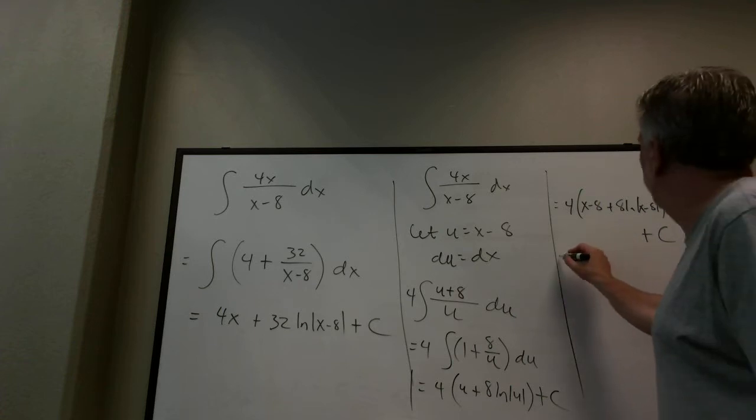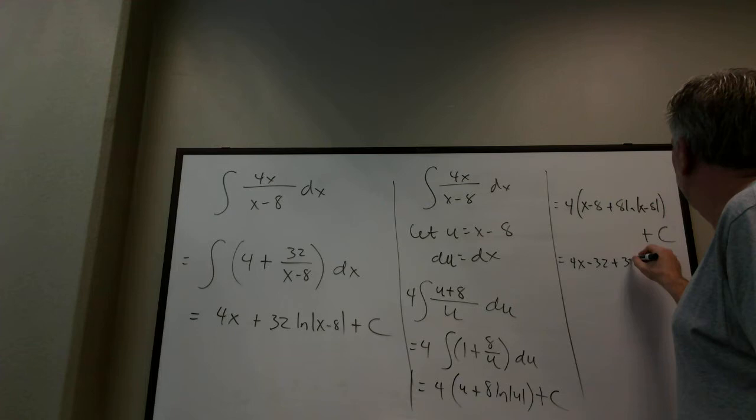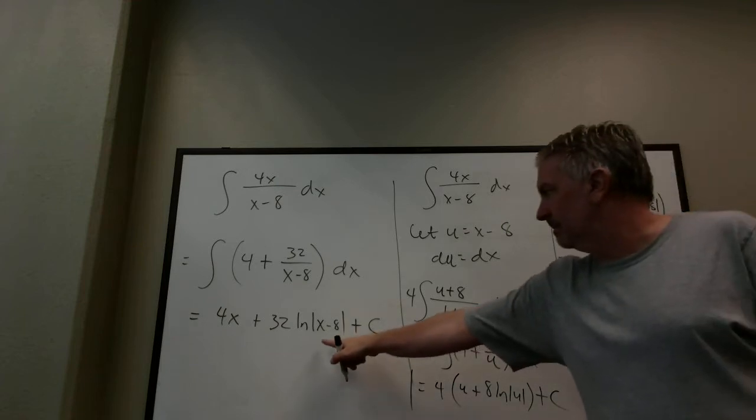Notice if I distribute that 4, you get 4x minus 32 plus 32 natural log absolute value of x minus 8 plus c. Now, is this the same thing we got over there?